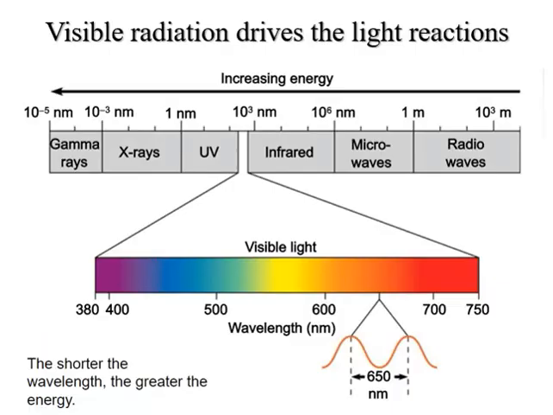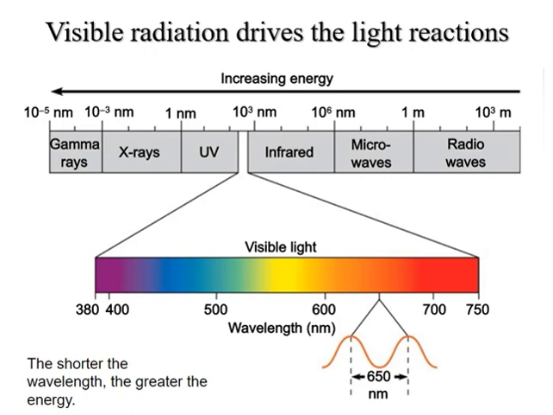So we'll start with the light reactions. Now, when we talk about the light reactions or your light-dependent reactions, they require, well, light, hence their name. Light is a form of electromagnetic energy or radiation.